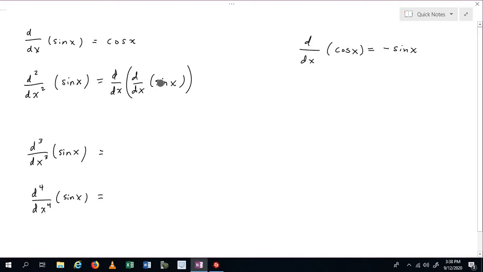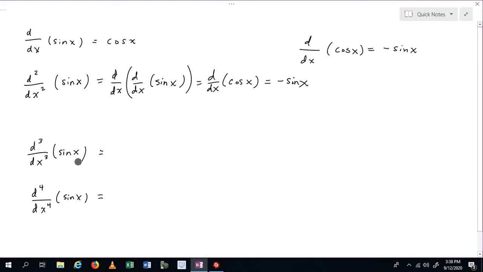The first time we take the derivative of sine of x, we get cosine of x. But then the derivative of cosine of x, if you remember, is minus sine of x. So the first derivative of sine of x is cosine of x, but the second derivative of sine of x is actually negative sine of x.